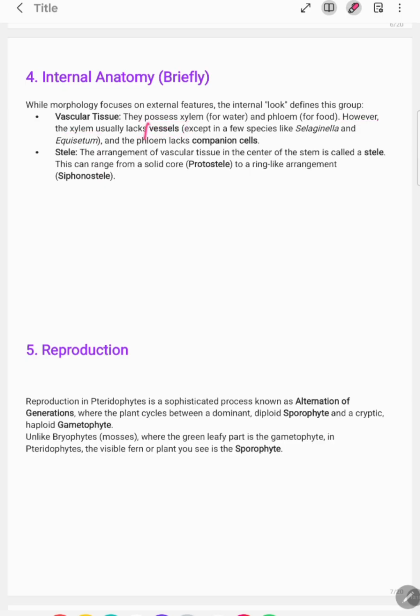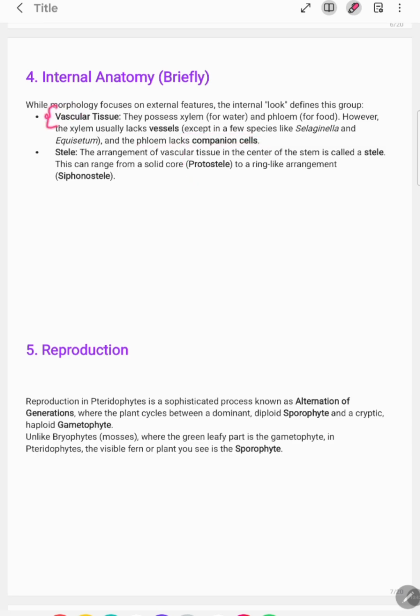In pteridophytes the xylem does not have vessels, except in a few species like Selaginella and Equisetum. The xylem component which is lacking here is your vessel.